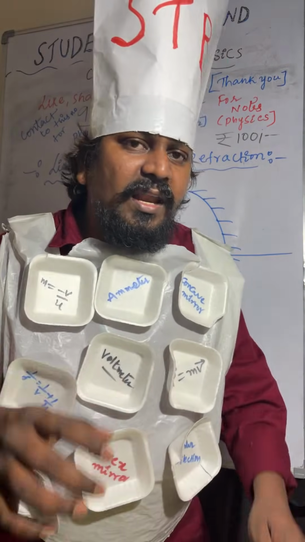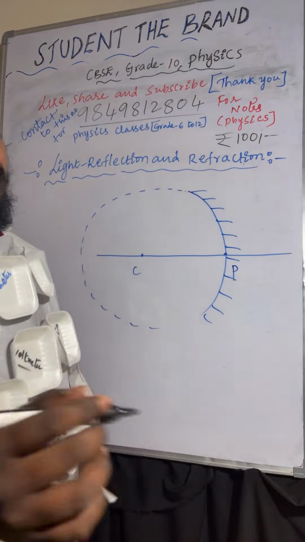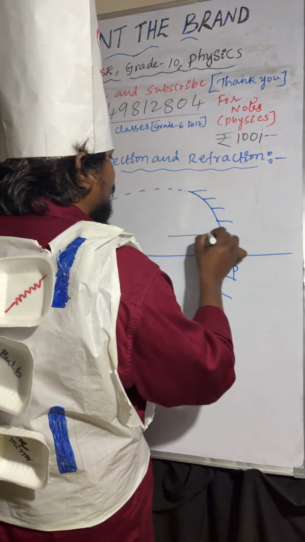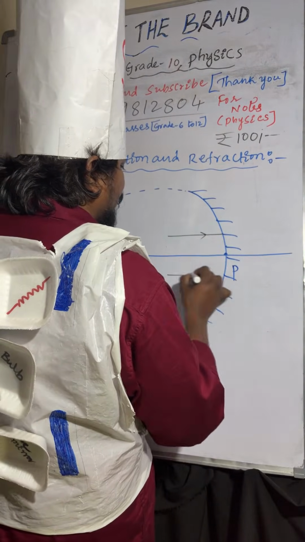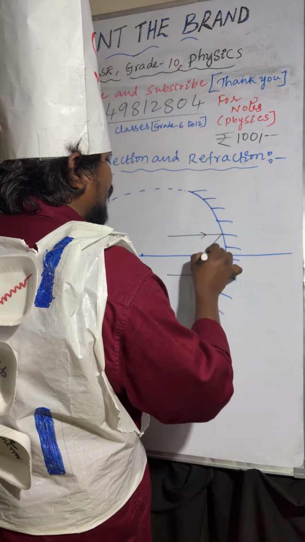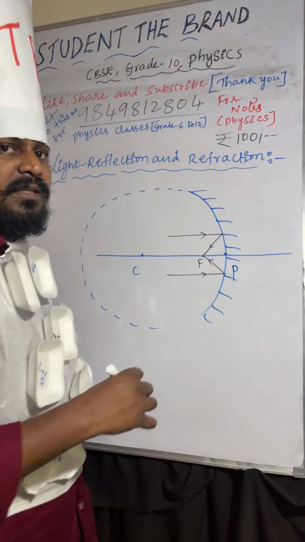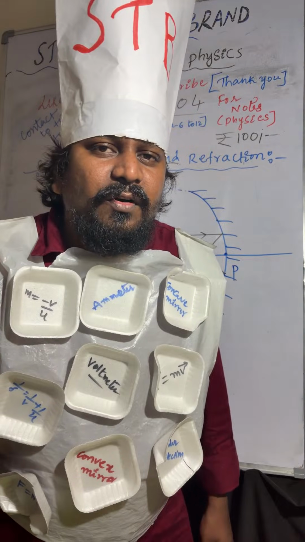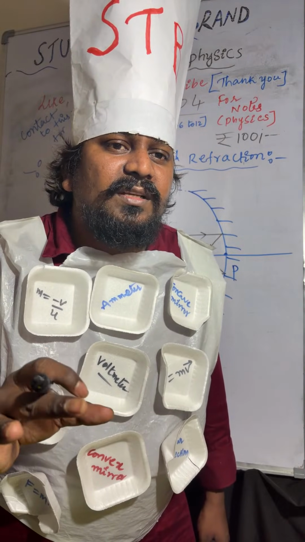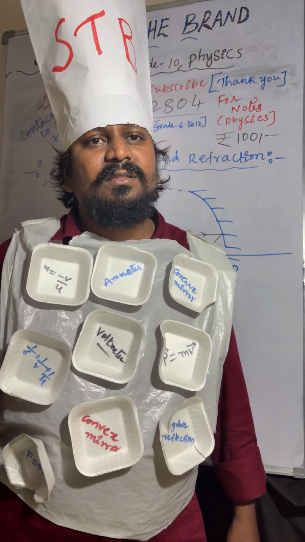After reflection, those light rays meet at one point on the principal axis, called principal focus. Simply, we can say focus.